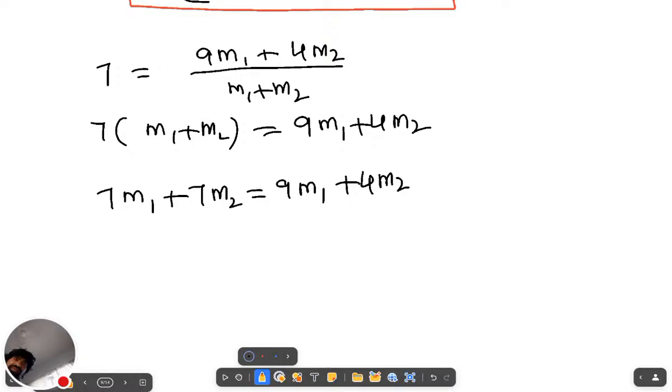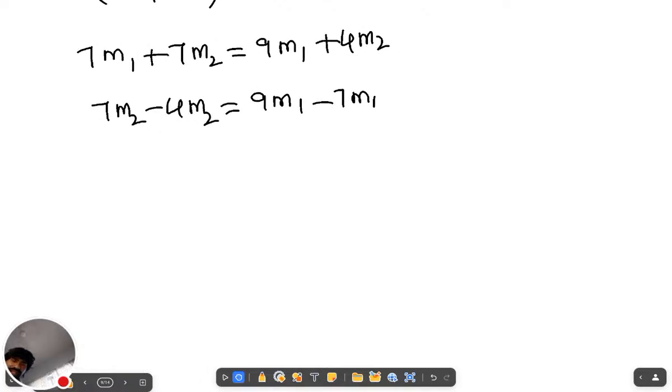Bring 4 m2 to the left side, it becomes minus 4 m2, and send 7 m1 to the right side, it becomes minus 7 m1. So 7 m2 minus 4 m2 is 3 m2, equals 9 m1 minus 7 m1, which is 2 m1.